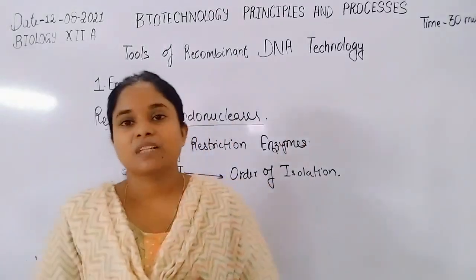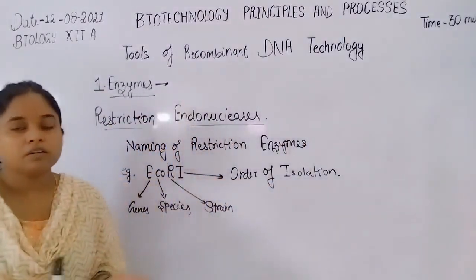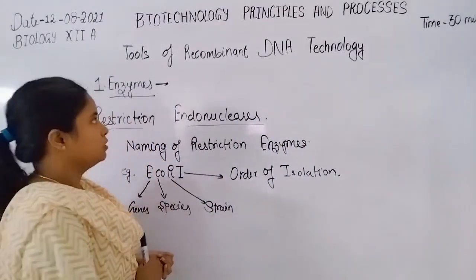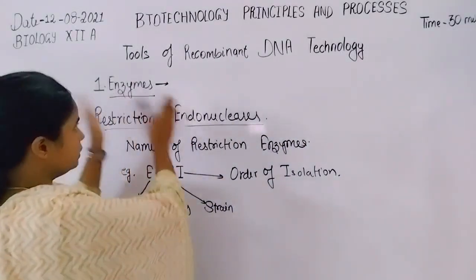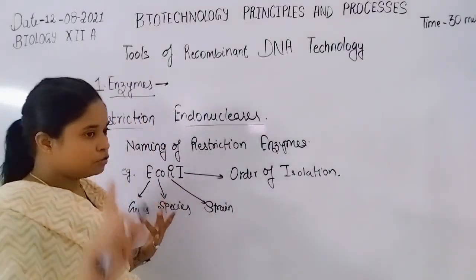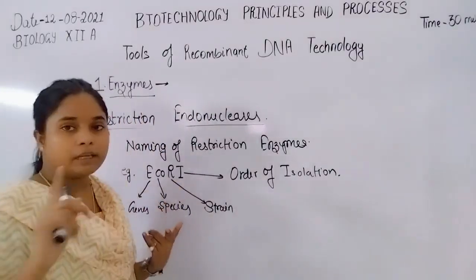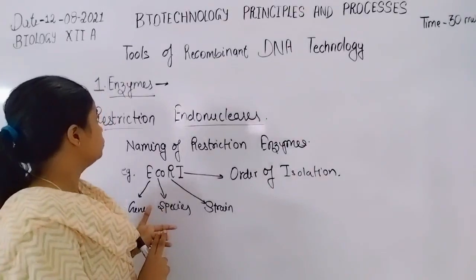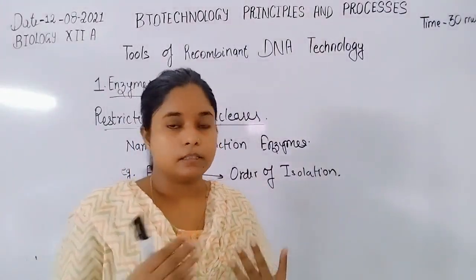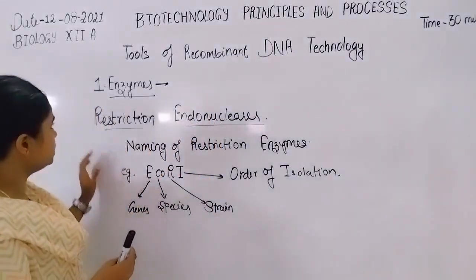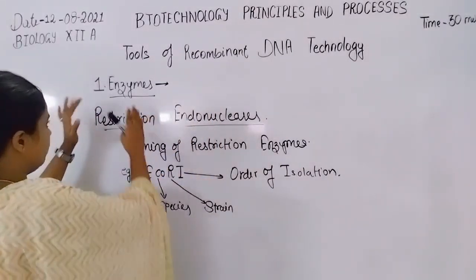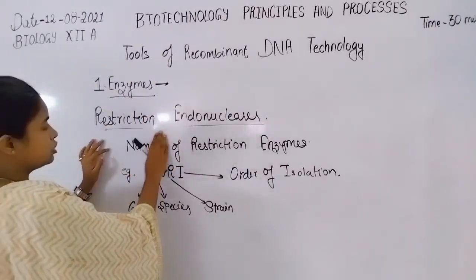So here is the overall restriction enzyme EcoR first. In the tools of recombinant DNA technology, the first tool is the enzyme, the second tool is the cloning vector, and the third tool is the competent host organism. In today's class we discussed enzymes, that is restriction enzymes.